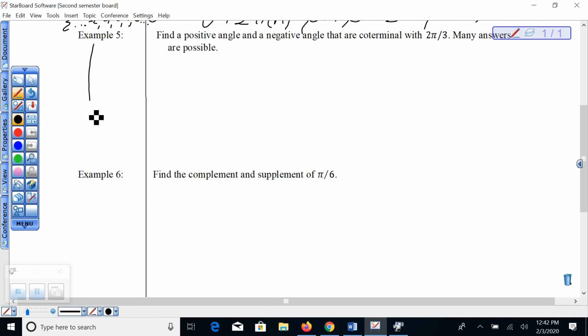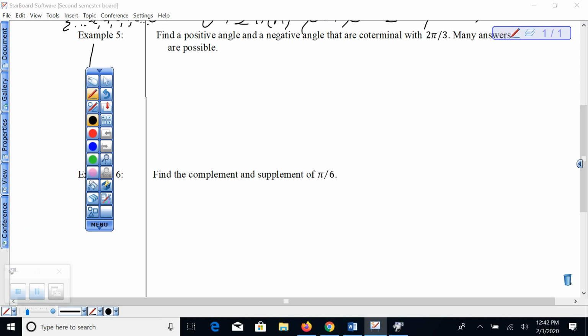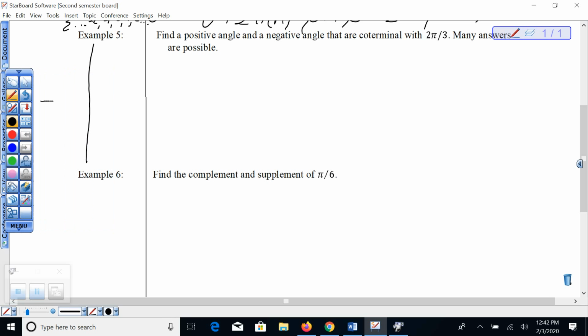If I were to put that on the coordinate plane, in standard position, there's 0, there's pi, 2 pi, pi over 2, 3 pi over 2. So there's our quadrantal measures in radians. Okay? Where would 2 pi over 3 be?